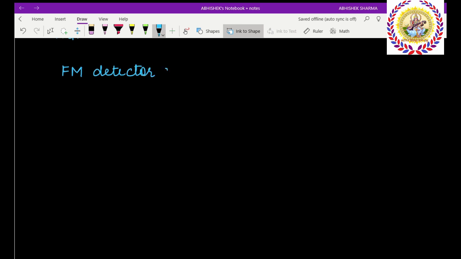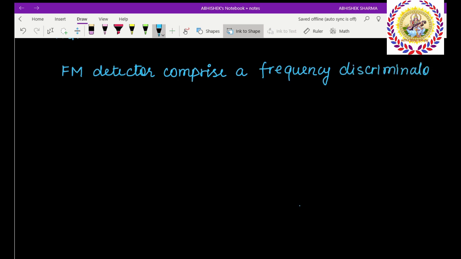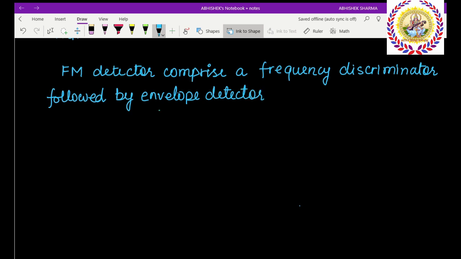Now we consider two points. The first point is that the FM detector comprises a frequency discriminator. I have considered this discriminator as a high pass filter, or you can say the derivative of the incoming signal is performed by this high pass filter, followed by an envelope detector, which is usually a simple diode.